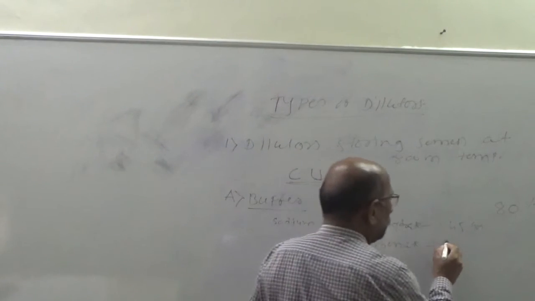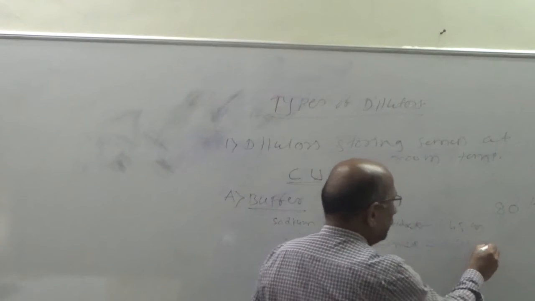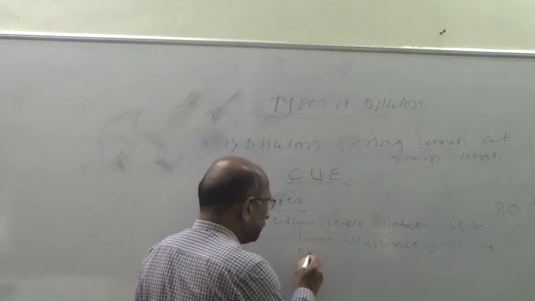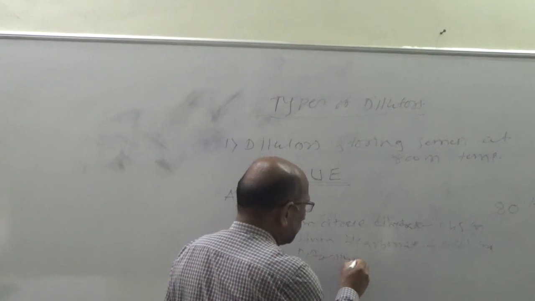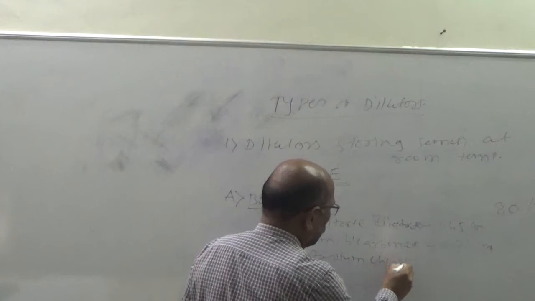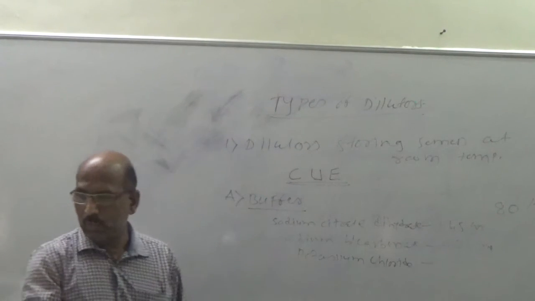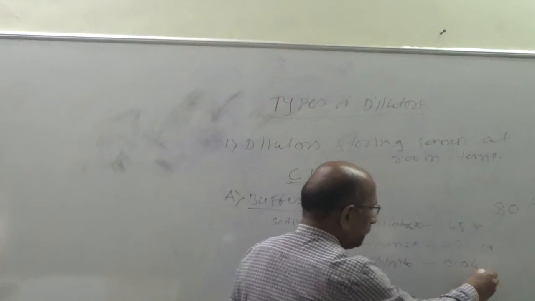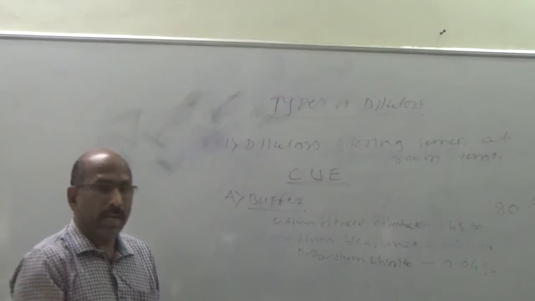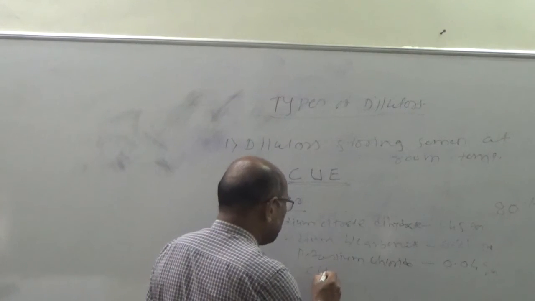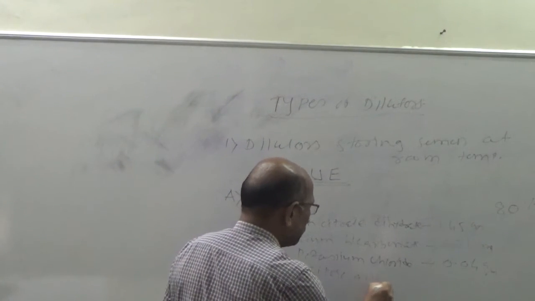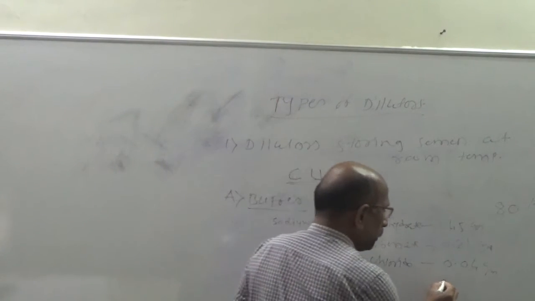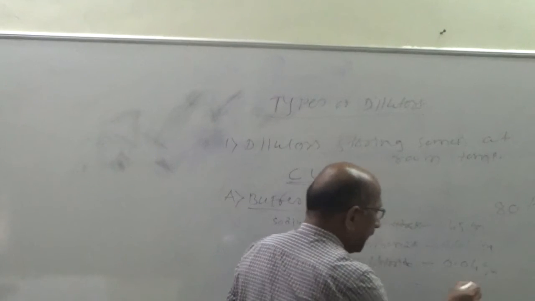0.21 grams. Next, potassium chloride, 0.04 grams. Next, citric acid, 0.09 grams.